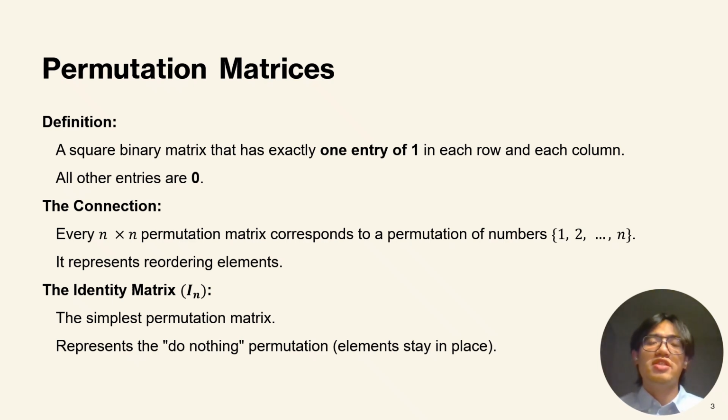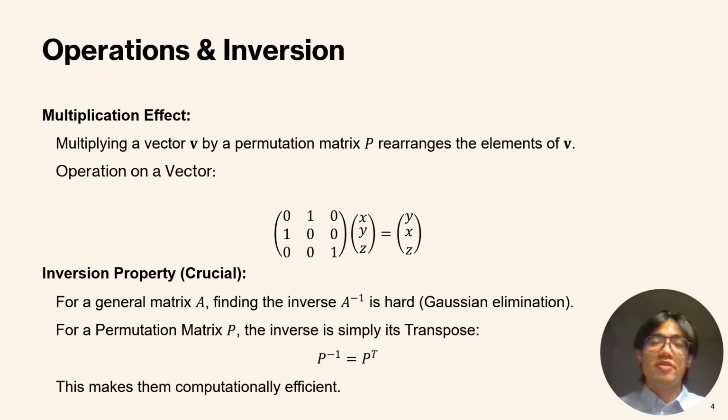The simplest example is the identity matrix I sub n, which represents the do-nothing permutation, where all elements stay in their original places. Why are these matrices useful? When you multiply a vector V by a permutation matrix P, you rearrange the elements of that vector, but the most crucial property lies in its inversion.